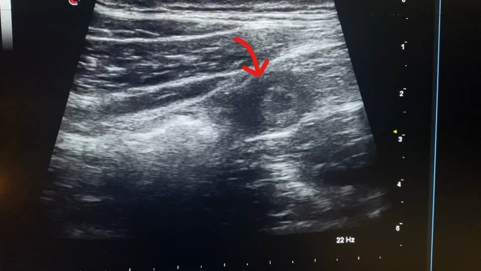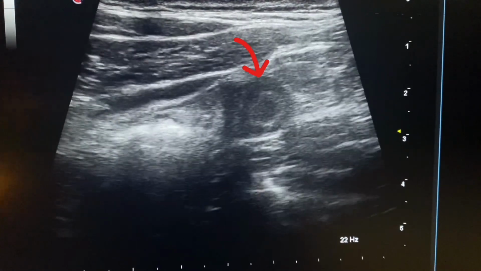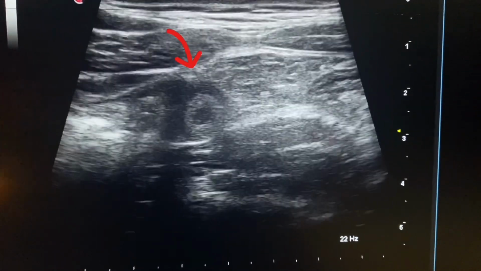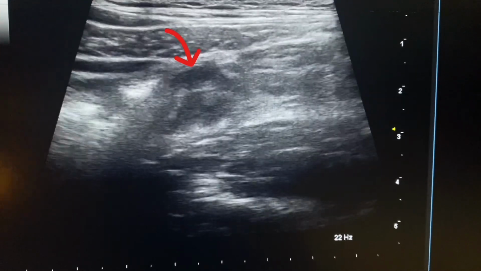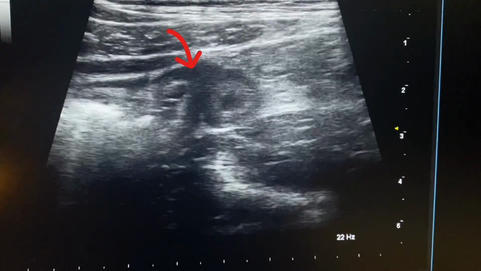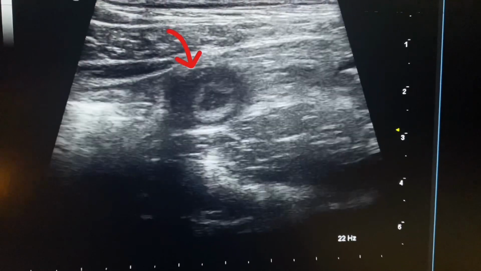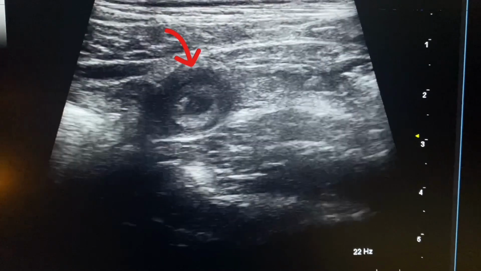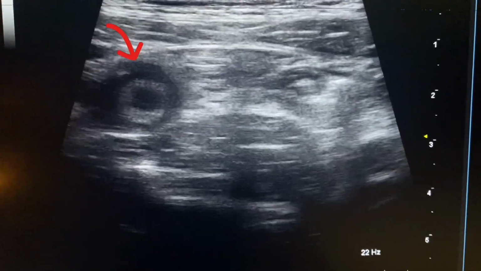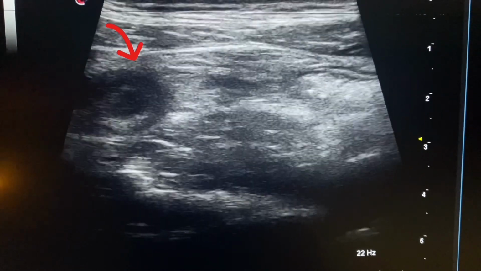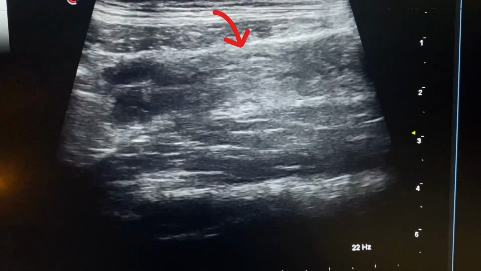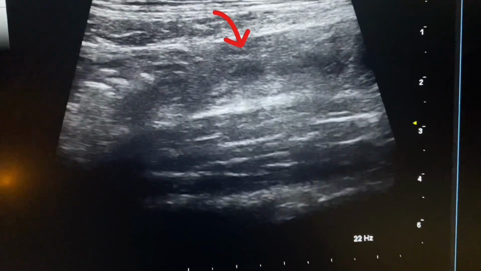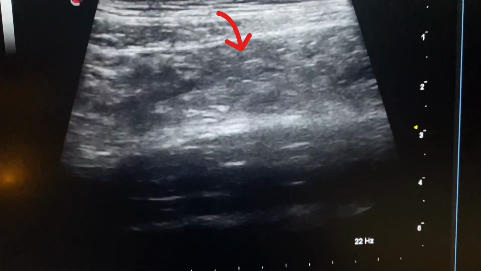Now at the right side of the cecum we see an inflamed part of the gut in cross-section view. The muscular layer and submucosal layer are inflamed and thickened. Here the surrounding tissues of this lumen are also echogenic and inflamed.